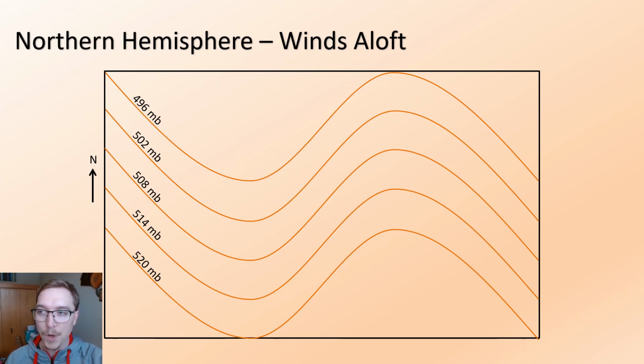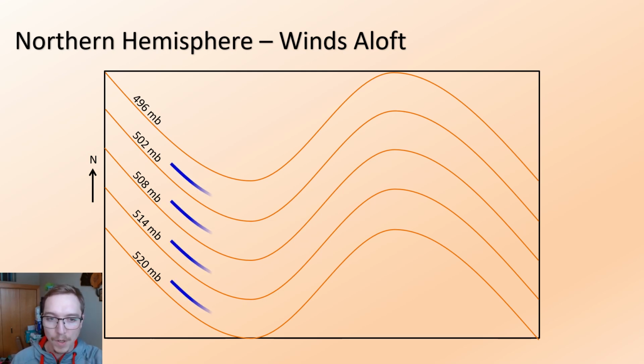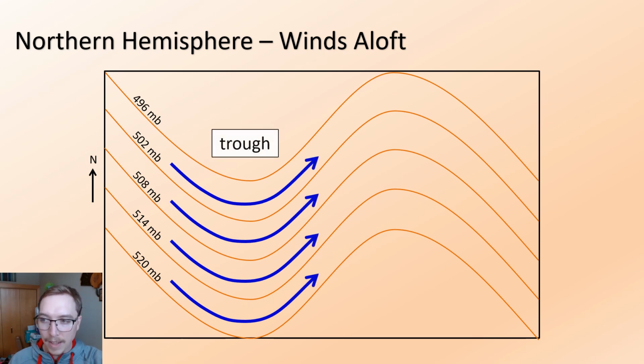Recall back to our definition of troughs and ridges as well. A trough is just an elongate low pressure system, where a ridge is an elongate high pressure system. Where these isobars form circular cells of either high or low pressure, the isobars follow highly curved paths, and the wind flows roughly parallel to the curved isobars, kind of like this.